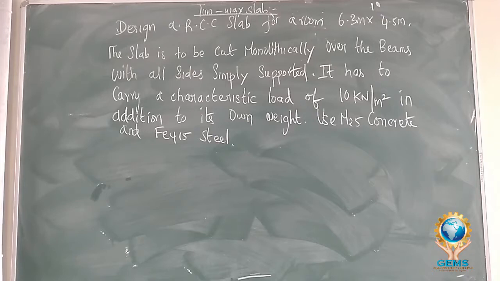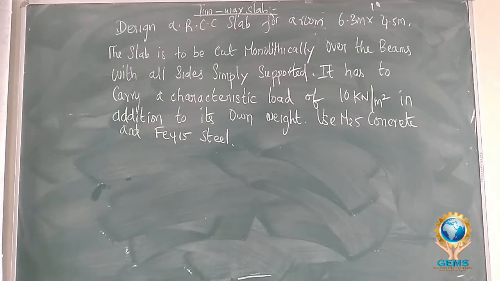The slab is to be cast monolithically over the beams with all sides simply supported. It has to carry a characteristic load of 10 kilonewton per meter square. So the load is given in this question. Characteristic load is nothing but the live load.